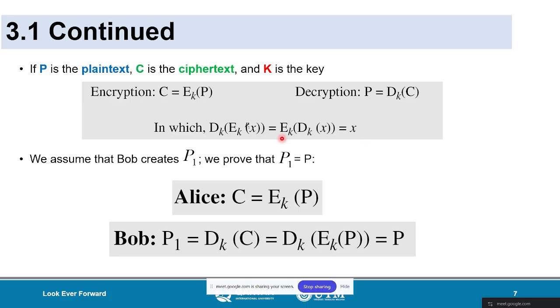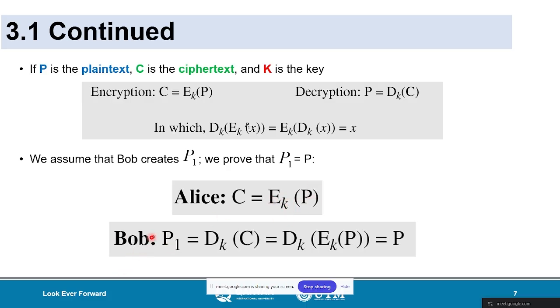Now, this part means that the decryption and the encryption should be equal. Okay, because this is symmetric and the things are equal. Even the key is equal, and these two parts, encryption and decryption, need to be equal. We assume that Bob creates P1. We prove that P1 is equal to P. Now Alice: C is equal to encryption of plain text using the key.